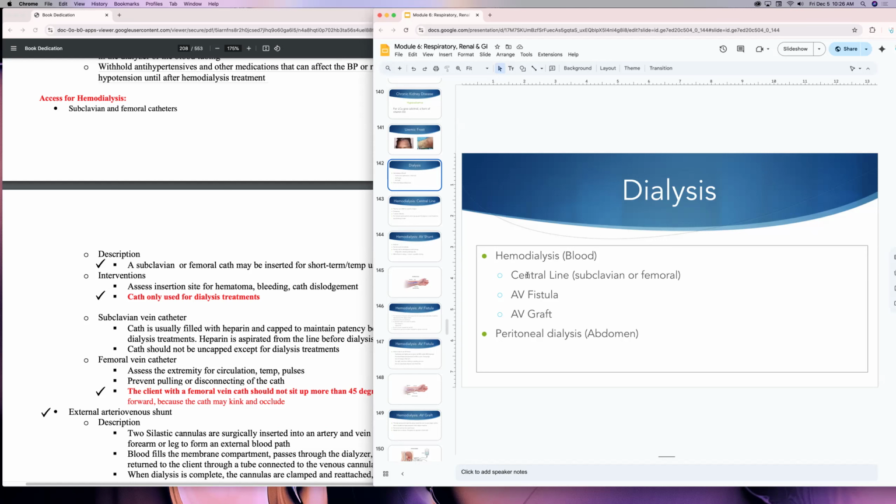So emergency purposes, somebody needs dialysis and has no access, they will place a central line. Then between the nephrologist and vascular surgeon, they will decide what permanent form of dialysis access the patient needs. And it's probably going to be an AV fistula. So in the 3 months we're waiting for the fistula to mature, we will use the central line. Okay.